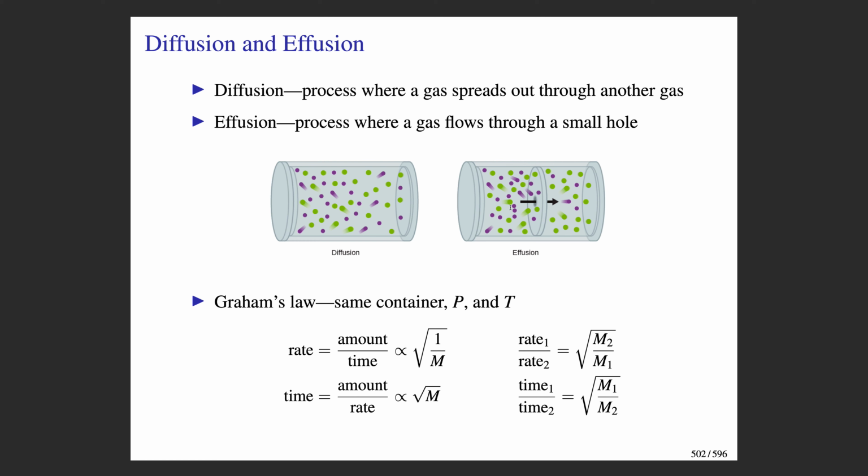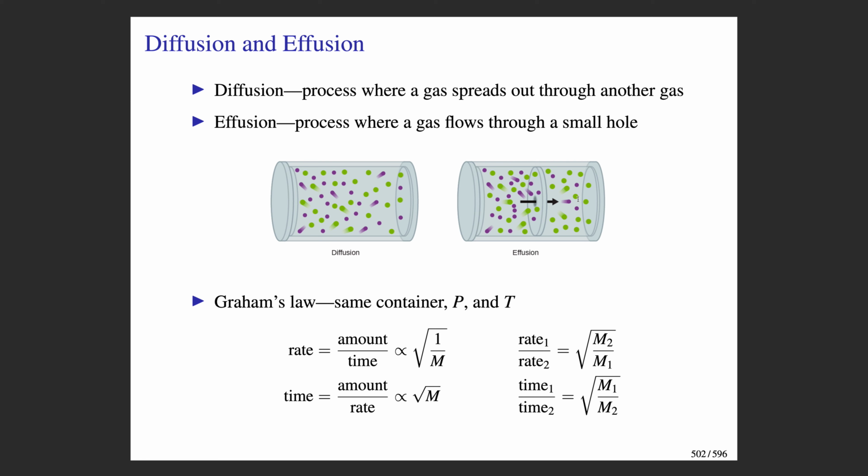In the case of effusion, we're looking at how gas molecules go through a small hole and the rate at which they go through that hole. It turns out that the rate of both processes, so the rate at which a gas spreads out and the rate at which a gas effuses through a pinhole, obey the same law. They obey Graham's law.